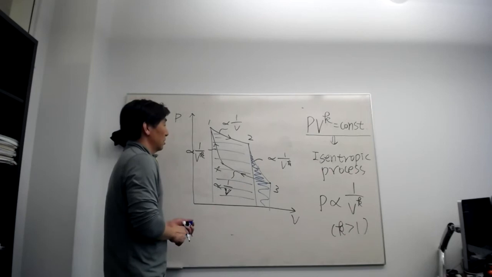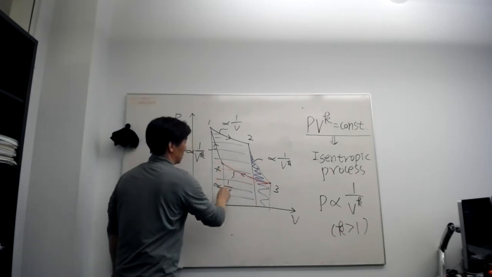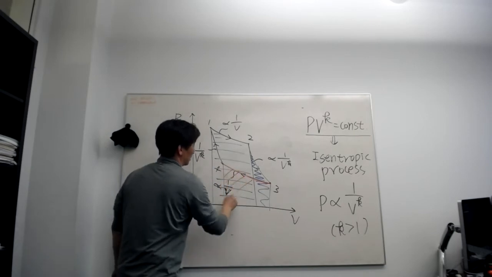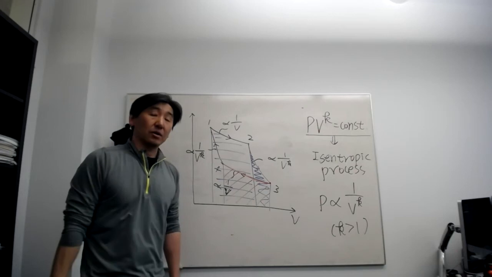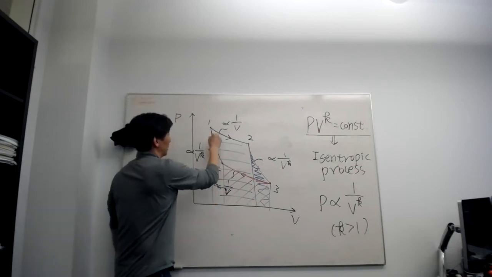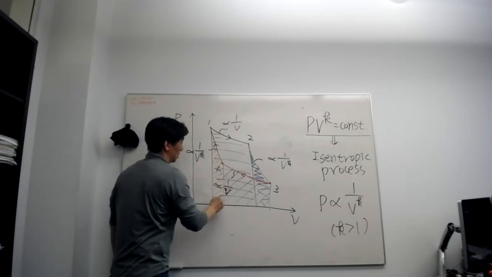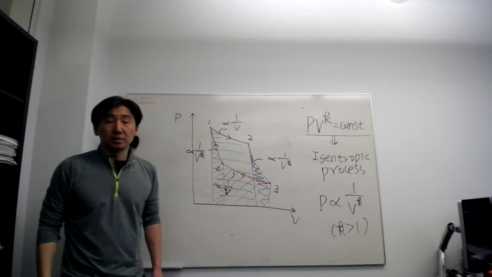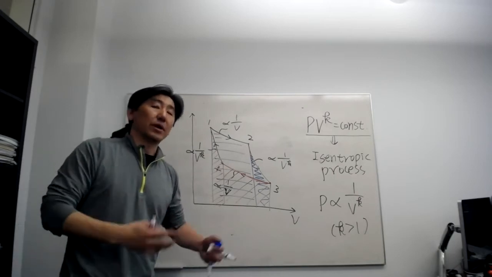Now, from 3 to 4, we also have work, that's needed by the Carnot cycle. And also from 4 to 1, we need certain work in order to have the isothermal rejection and compression process.